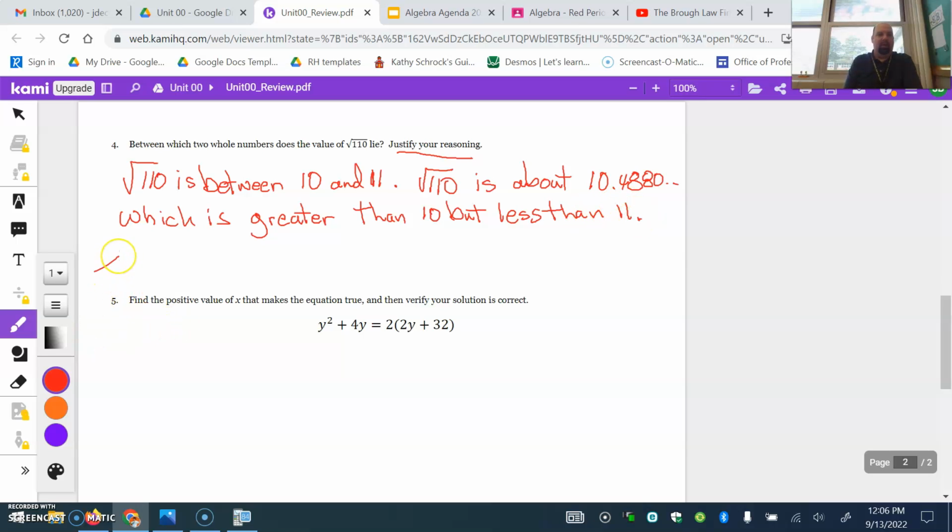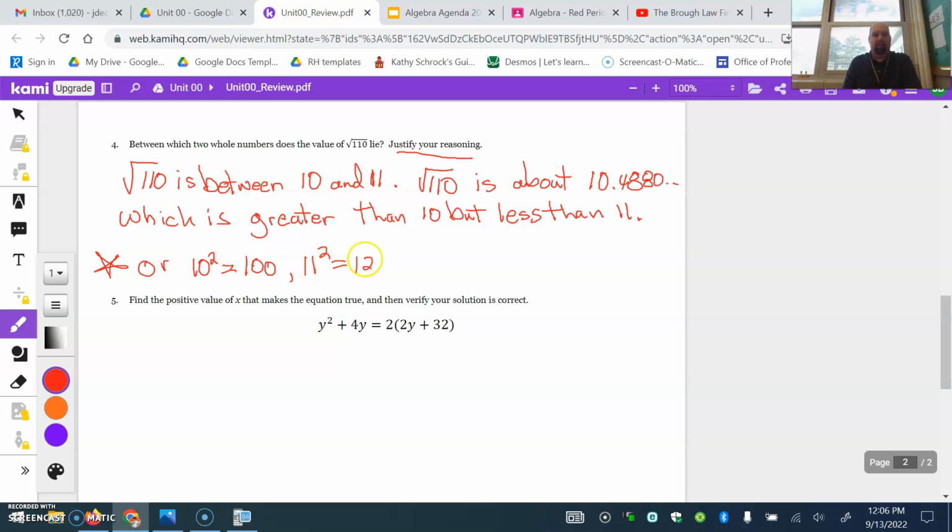Some people may basically say the same thing, but instead of focusing on the square root of them, you might talk about the perfect square of 10 is 100, and the perfect square of 11 is 121.